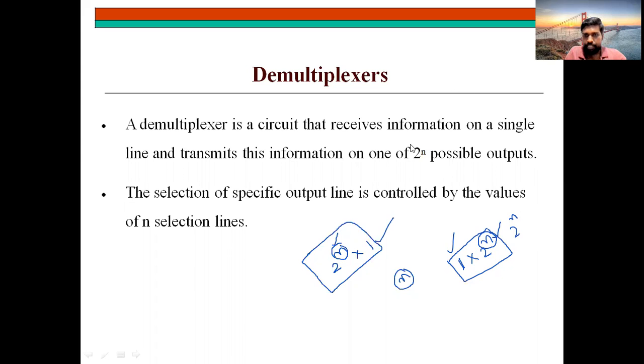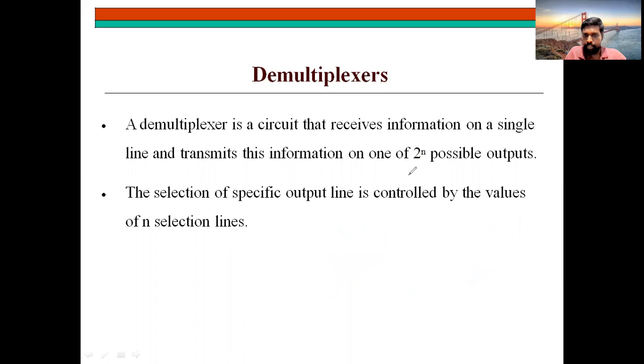Whether it is a multiplexer or a demultiplexer, this n is the crucial point which decides the output. In a multiplexer, 1 among 2 power n is taken at your output. The same n, how does it work in a demultiplexer? The single input will appear in 1 among 2 power n outputs.